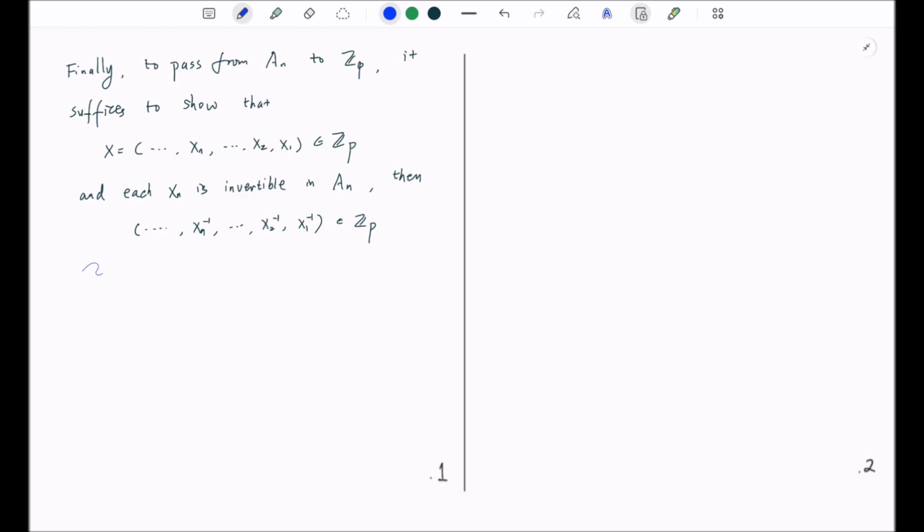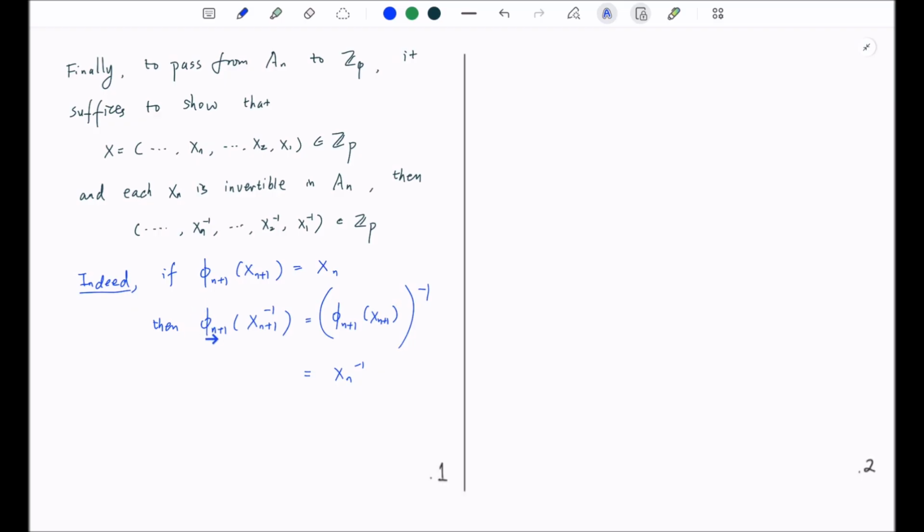But this is easy. This is easy because if phi_{n+1} of x_{n+1} is equal to x_n, which is the compatibility condition, then phi_{n+1} of x_{n+1} inverse, by the definition and property of the ring homomorphism, is equal to phi_{n+1} of x_{n+1}, the whole thing inverse, which is just x_n inverse.